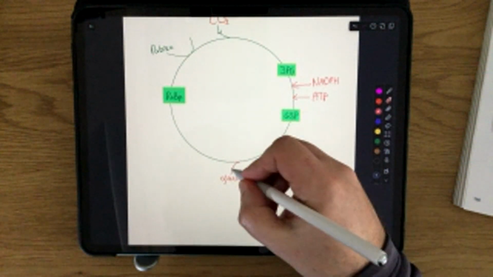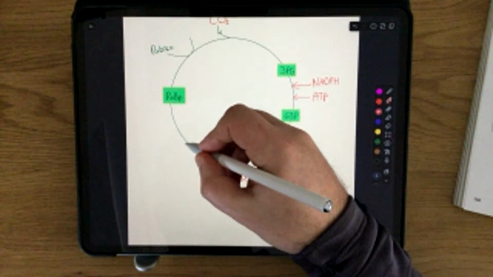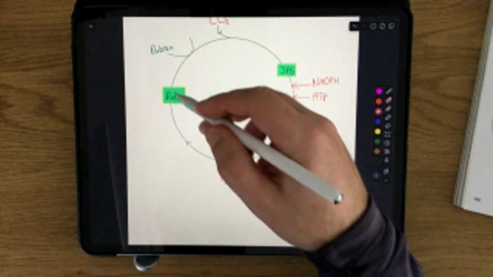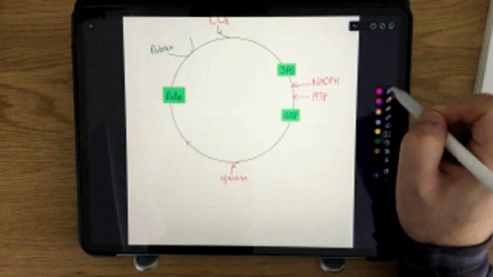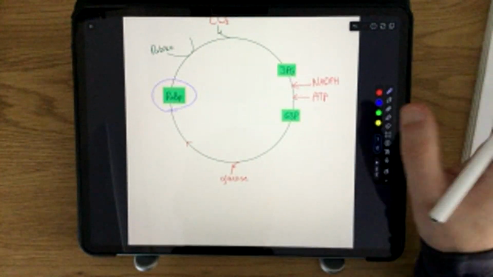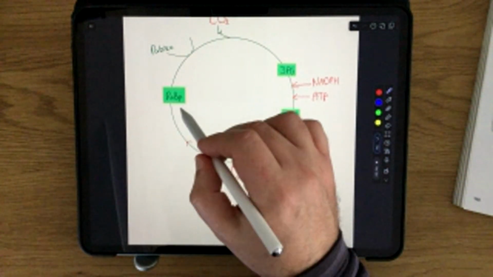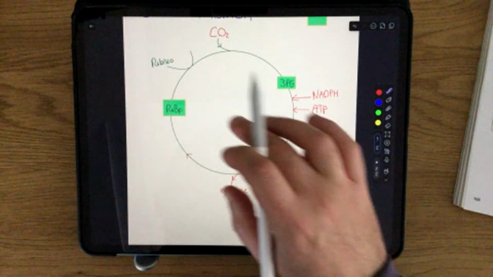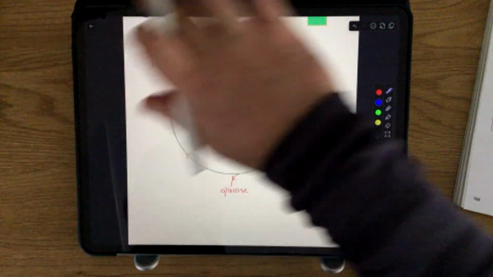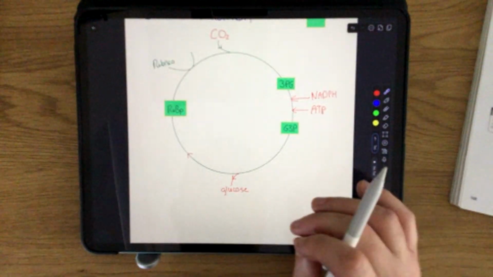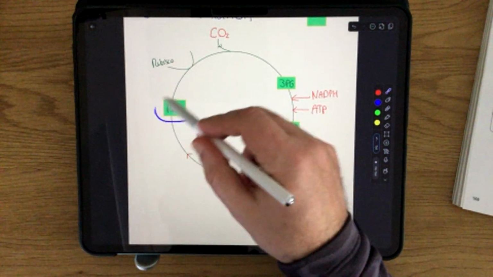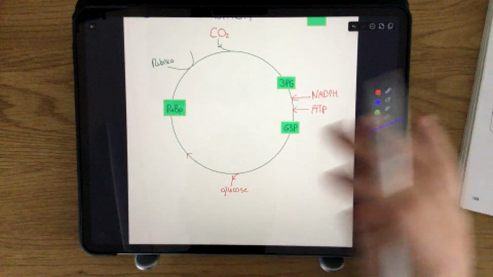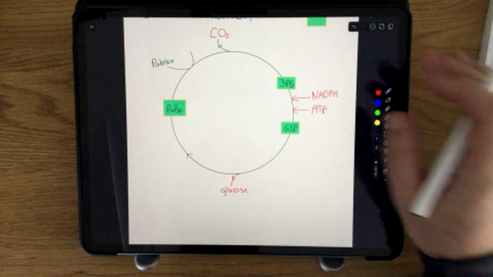And the second fate is what's left over and not converted to glucose is going to then bring you back to RuBP right here. It makes total sense because you need to get that RuBP again to be able to accept more and more carbon dioxide to keep this cycle turning, to keep producing glucose. If you couldn't produce RuBP, then it stops, okay? It's no good. In terms of high biology, it's no good, right?